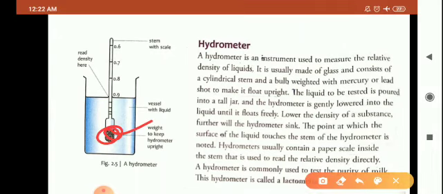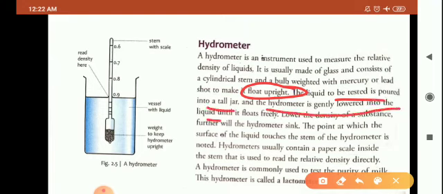So this hydrometer has two parts, a cylindrical stem and a bulb attached to it which has shots of lead or mercury to make it float upright in a particular liquid, whichever liquid's relative density we need to determine. Now the liquid to be tested is poured into a tall jar and the hydrometer is gently lowered into the liquid until it floats freely.